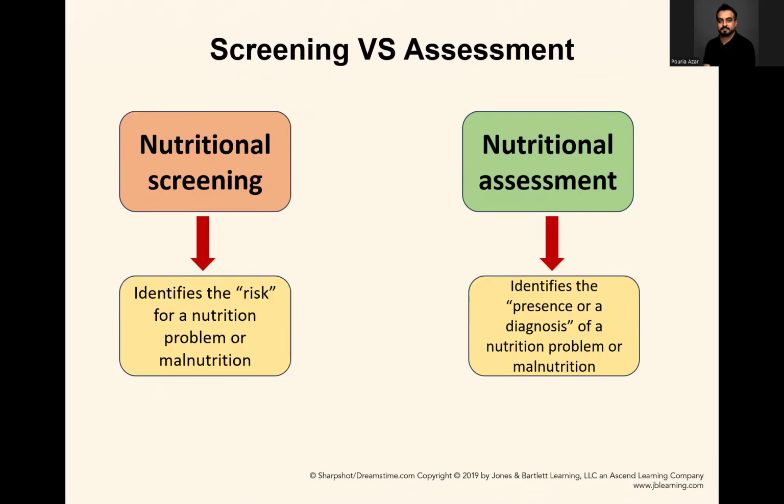So far we learned about nutritional assessment and nutrition screening. As a summary, if we want to compare screening with assessment, we can say nutrition screening identifies the risk for a nutrition problem or malnutrition. However, nutritional assessment identifies the presence or a diagnosis of a nutrition problem or malnutrition. So the difference is the risk versus the presence or diagnosis.